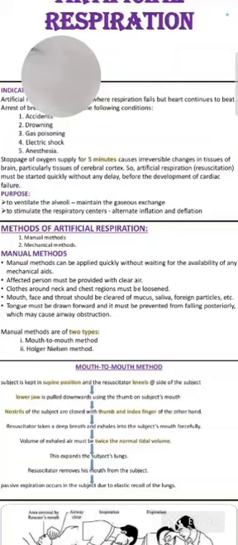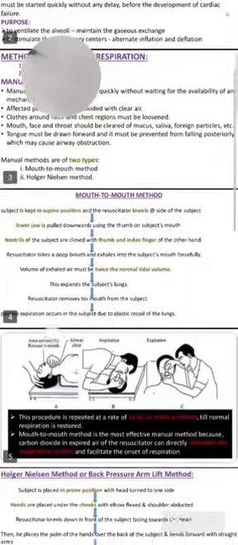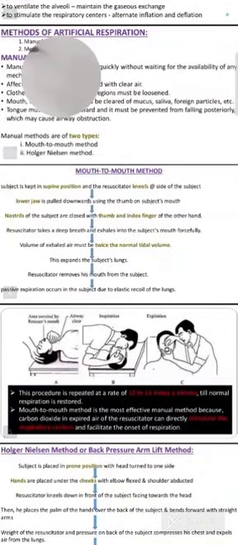Manual methods are of two types. The first type is mouth-to-mouth breathing and the second one is the Holger-Nielsen technique. The mouth-to-mouth breathing is the most effective method because it directly stimulates the respiratory centers, which are located in the medulla as well as the pons.